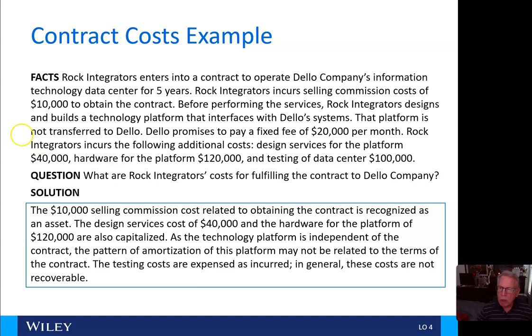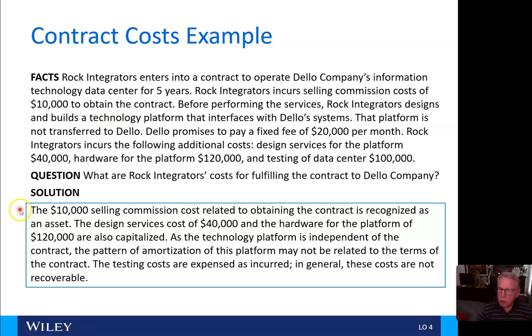Rock Integrators incurs the following additional costs: design services for the platform, $40,000; hardware for the platform, $120,000; and the testing of the data center, $100,000. What are Rock Integrators' costs for fulfilling the contract with Dell?